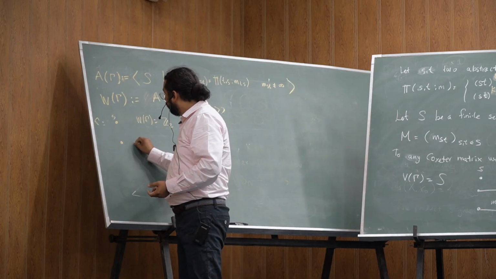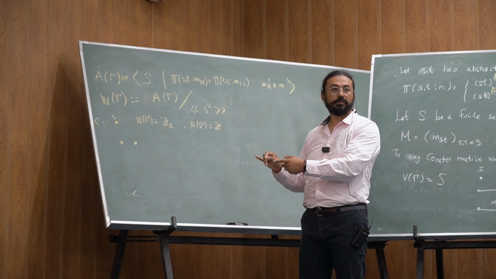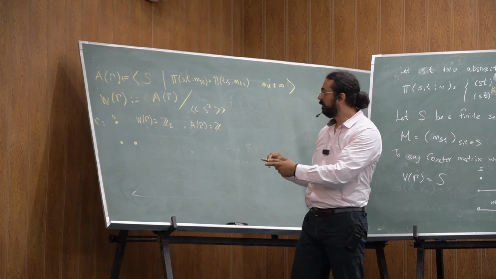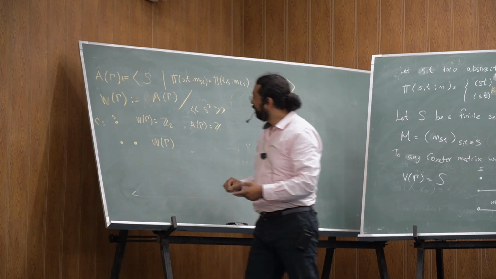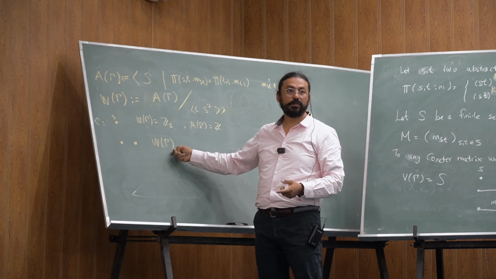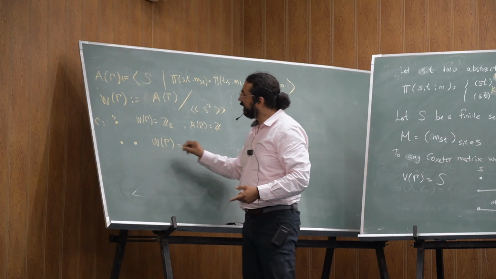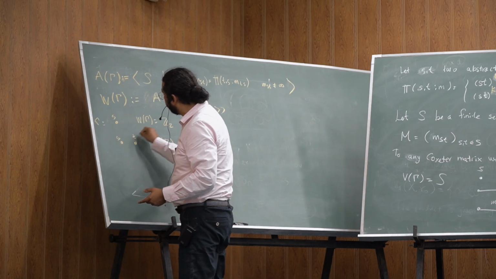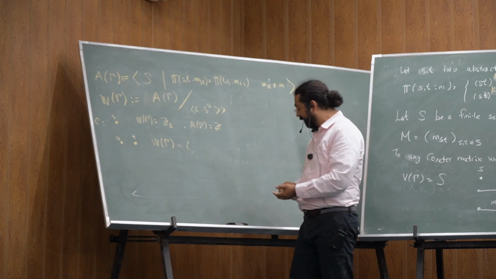If I put just two vertices like that, what do I have? When I consider the Coxeter group, what will it be? Let's put this S and let's put this T. I will write the whole presentation.